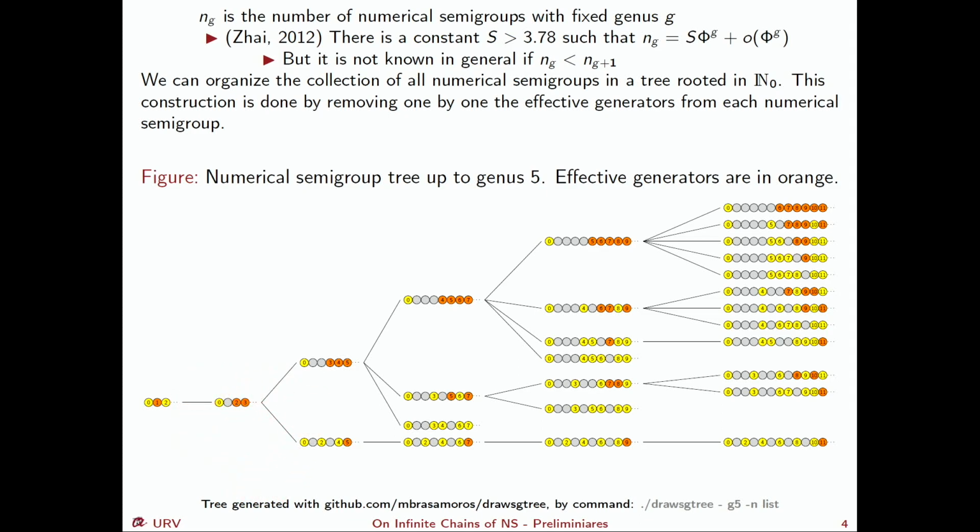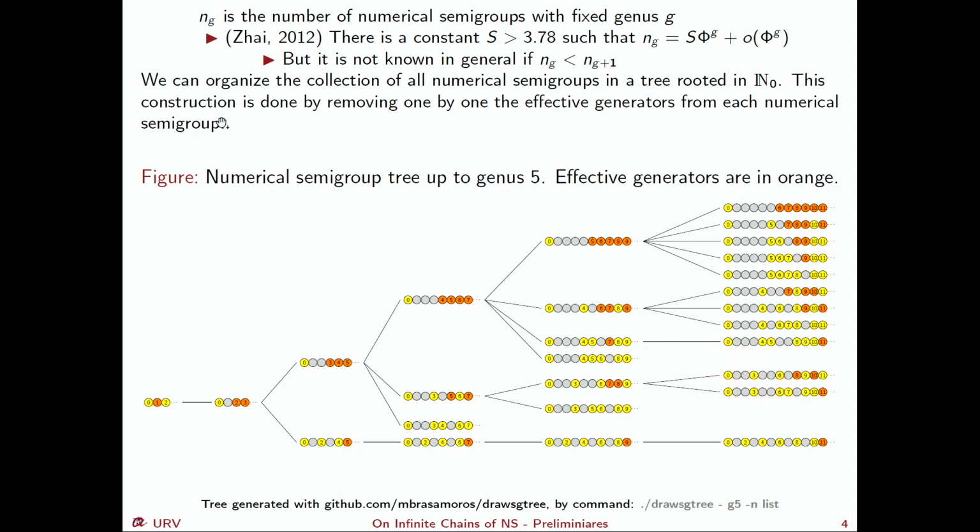And here I have 2 and 3 as effective generators, and I have 2 numerical semigroups. And for instance, here I have 3, 7, and 8 as minimal generators, but only 7 and 8 are effective. So we get 2 numerical semigroups.